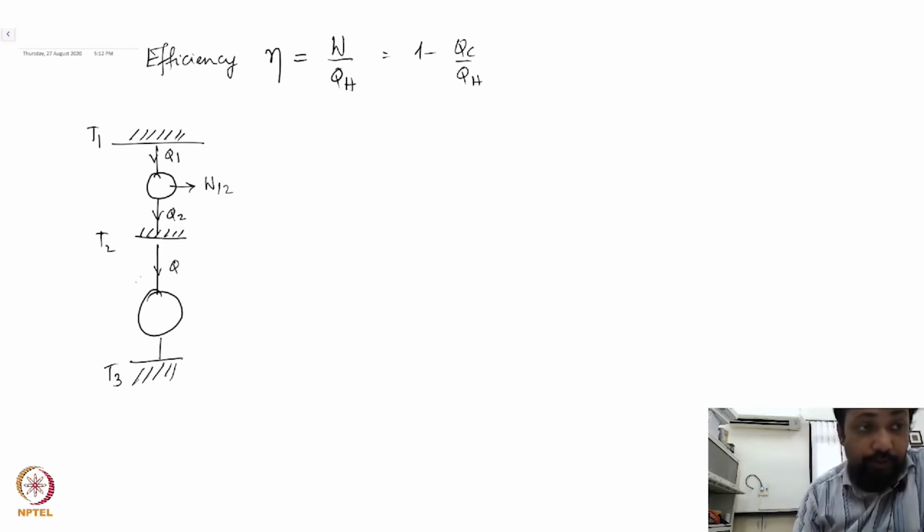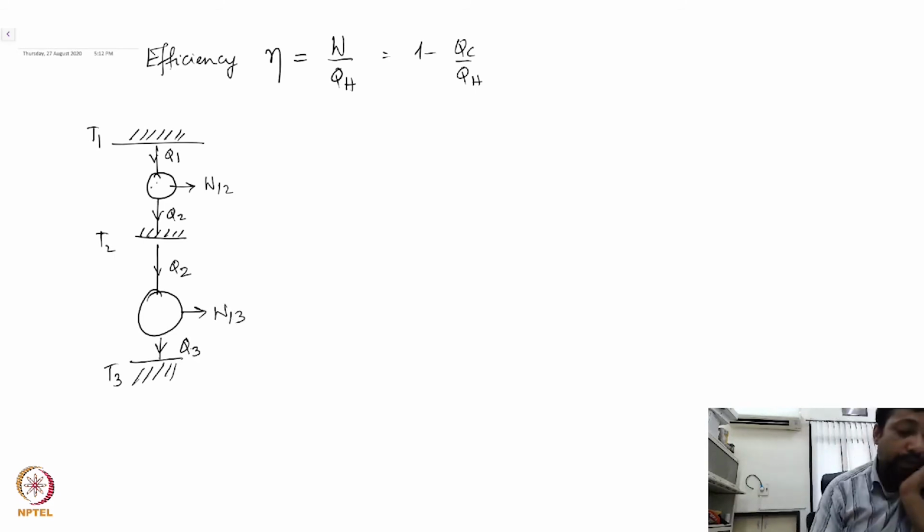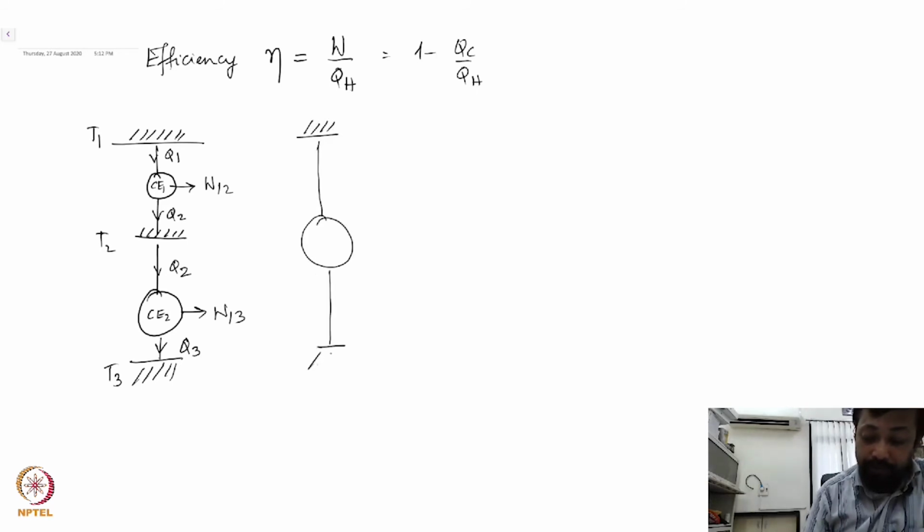This one takes the same amount of heat Q2, does work W23, and dumps an amount of heat Q3. So this is Carnot engine 1, and this is Carnot engine 2. Once again, if I look at the combined effect, I have one Carnot engine operating between the temperatures T1 and T3 and doing an amount of work W13. It extracts an amount of energy Q1 and dumps an amount of heat Q3, correct?